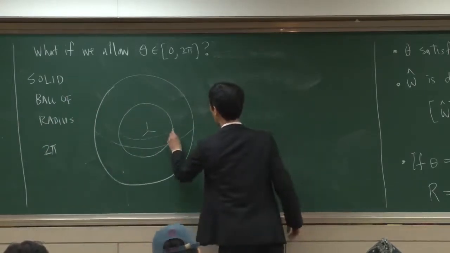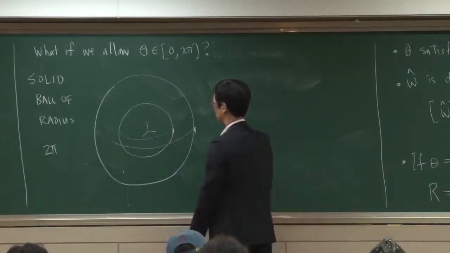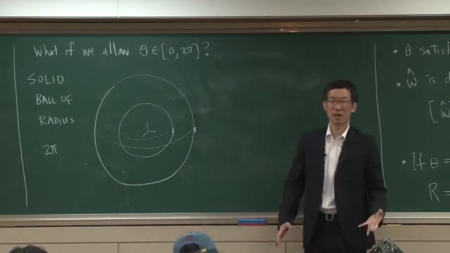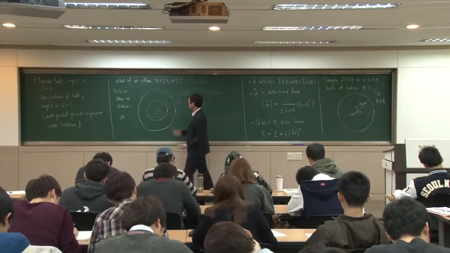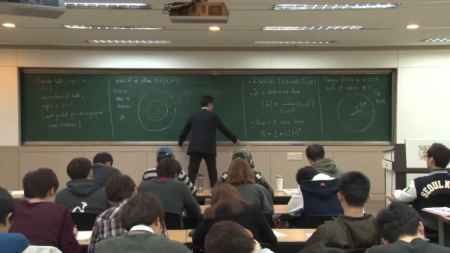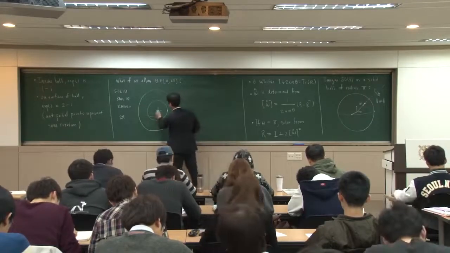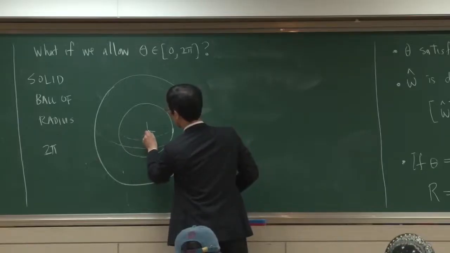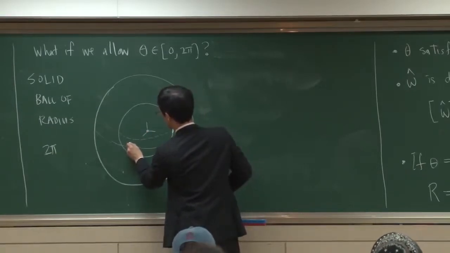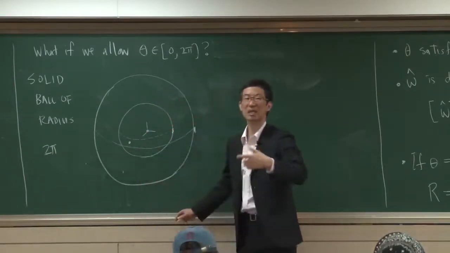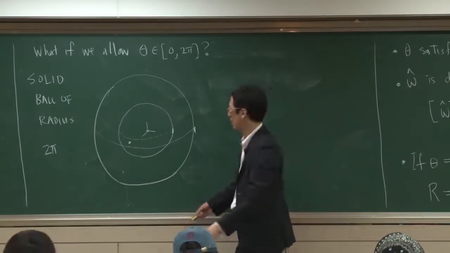This is pi. This is 2 pi. Let's take this point, and let's say this point is inside the solid ball of radius pi.